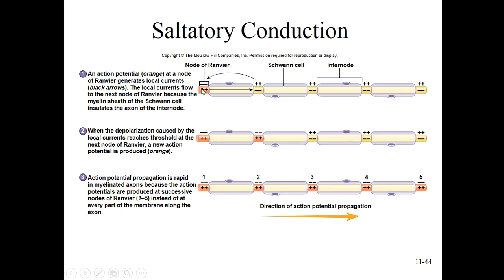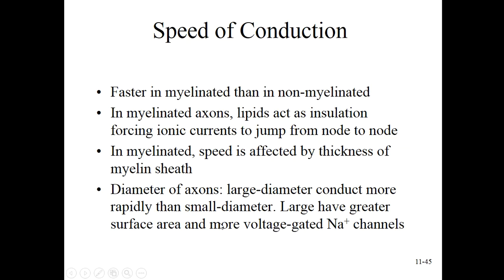So in other words, it's almost as if it travels from here to here in no time. And so if we had an unmyelinated axon just below, you could imagine that this one would be to the end before this one had even just barely started.